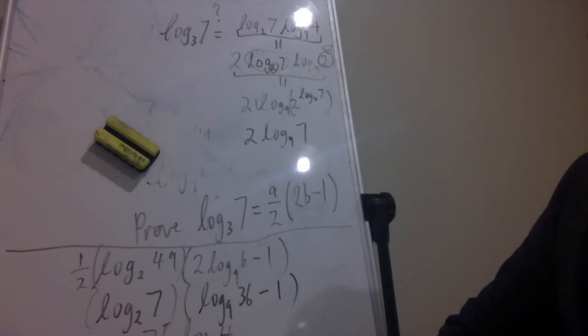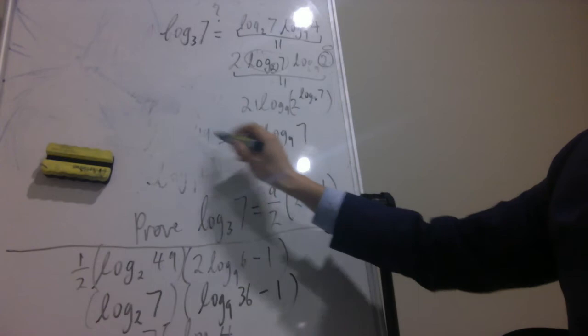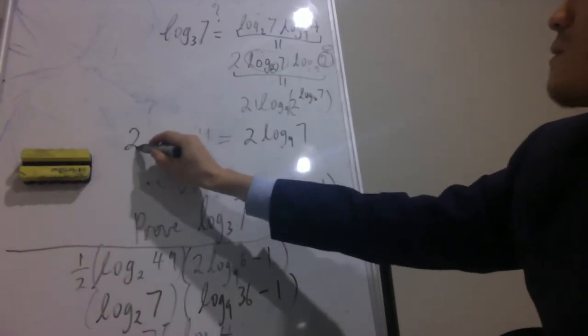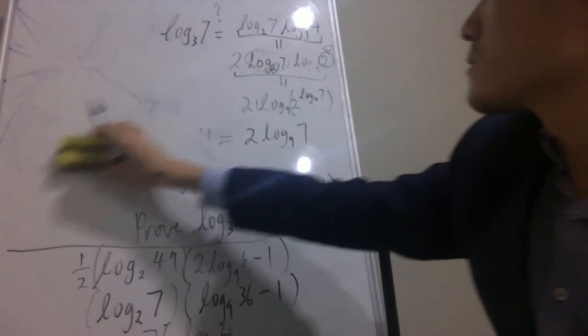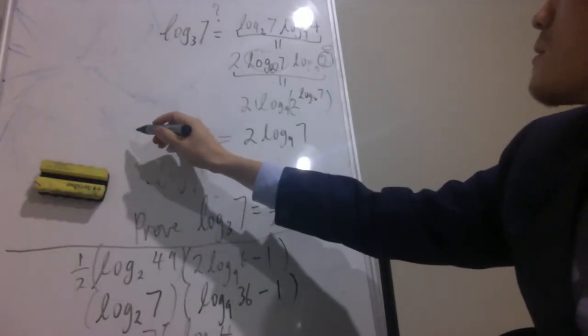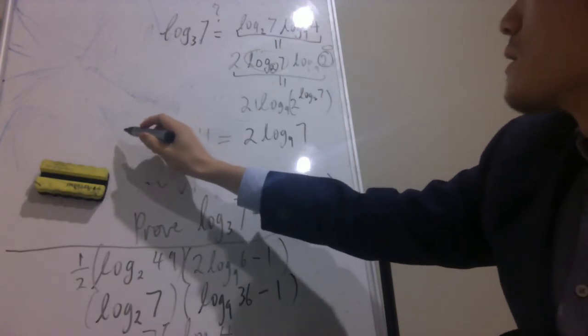Yeah, I guess now you can kind of change the base. So, what would this change to? Log 9 7 squared. Hold on. So this doesn't change the base. Or log 3 squared 7 squared.